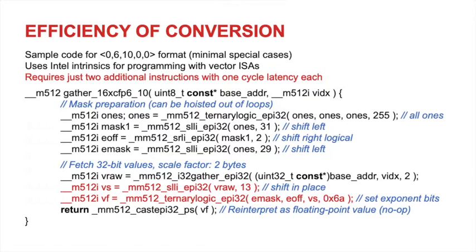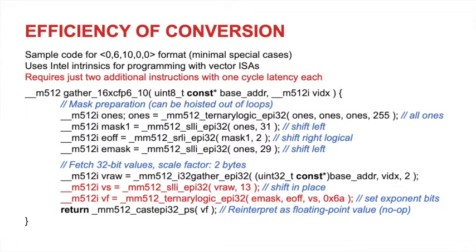If you put everything together, then for one particular format, which is really the minimal case we have considered in terms of the features of the number formats that are supported, we'd normally have a gather operation shown here to load a set of values from memory.